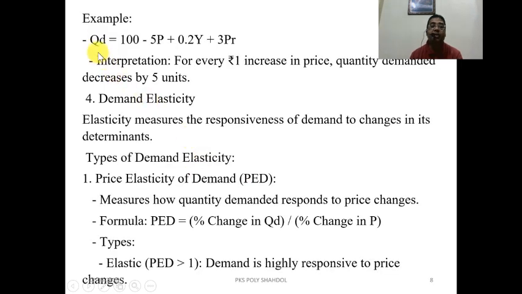For example, see this equation: QD = 100 - 5P + 0.2Y + 3PR. What is its significance?